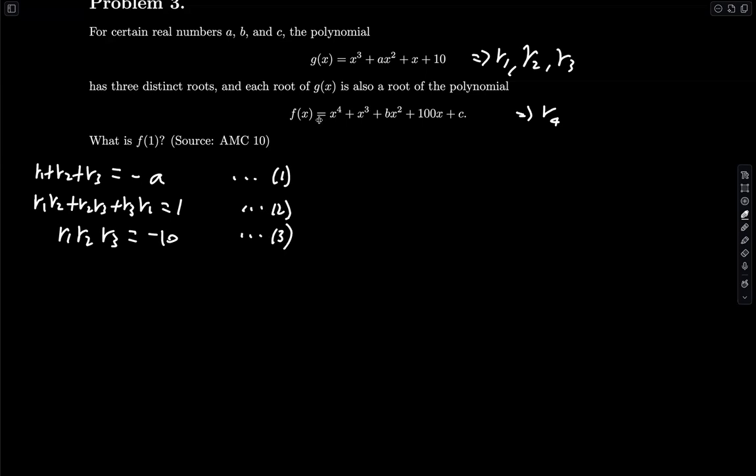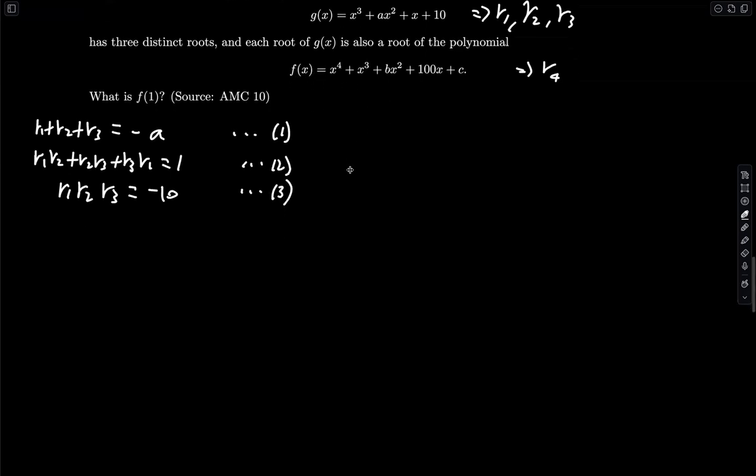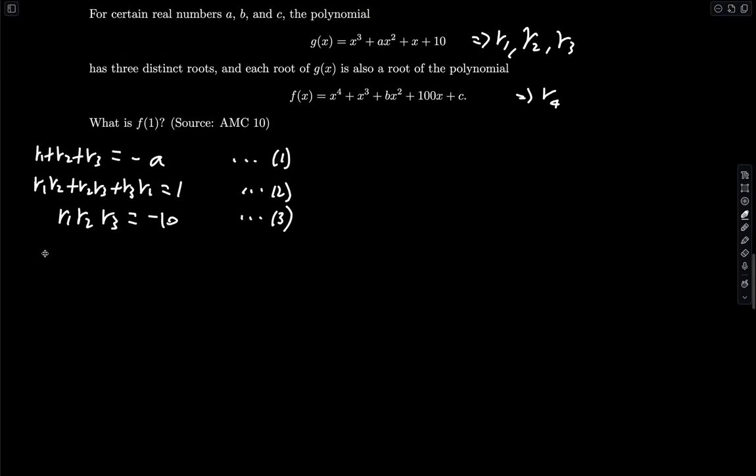Now, let's look carefully at f of x to see if we can get any additional information. So we know that r sub 1 plus r sub 2 plus r sub 3 plus r sub 4 is equal to -1. And let's say that this is our fourth equation.